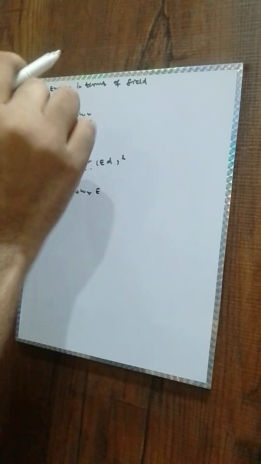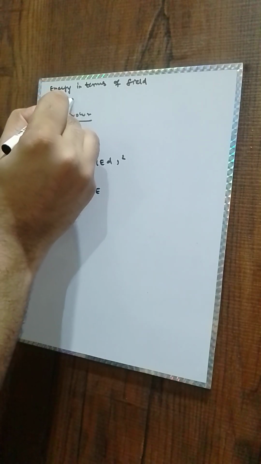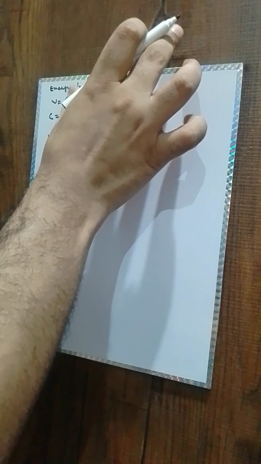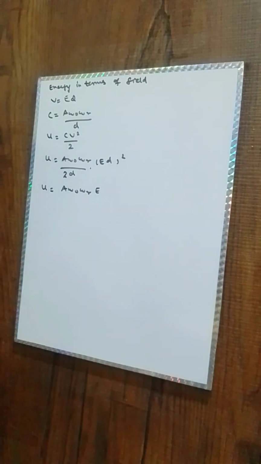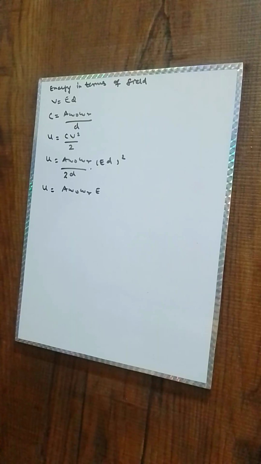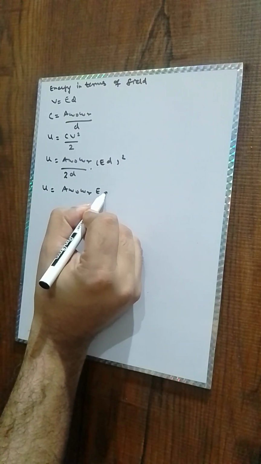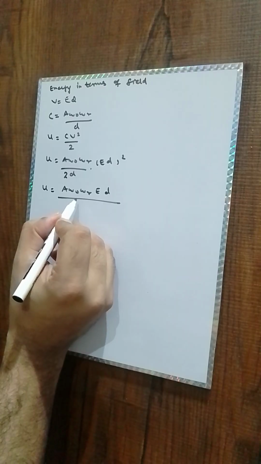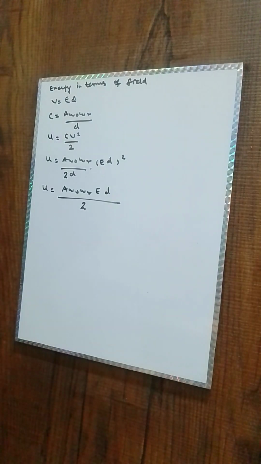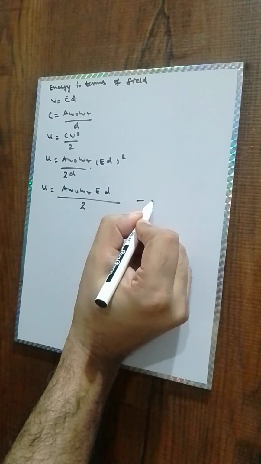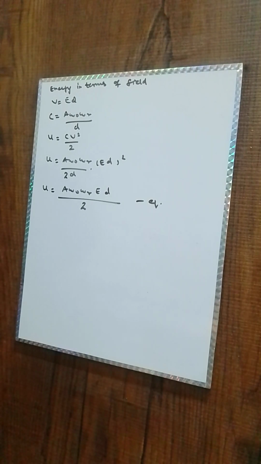ED square, and the situation becomes something like this: epsilon naught E square AD by 2. So this becomes an equation of interest.